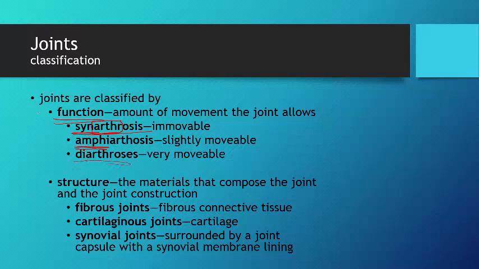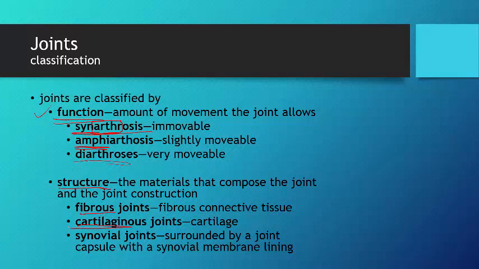So we can classify by how much movement the joint can do, or we can classify them by what they're composed of and how that composition looks, how they're built. And so that would be a structural system of classification. If we were to divide up all the different joints that way, then we could talk about fibrous joints, joints that are built of fibrous connective tissue, or cartilaginous joints.